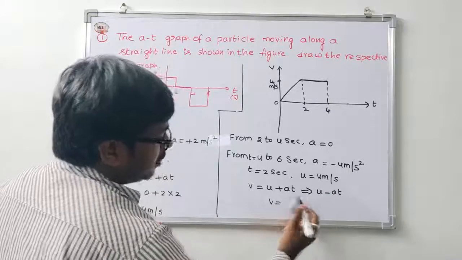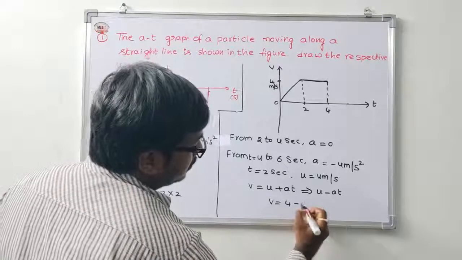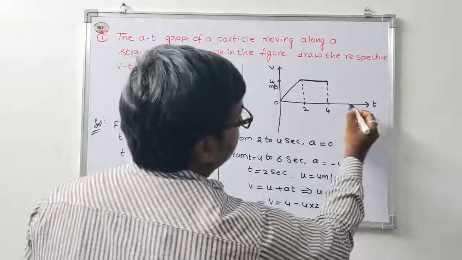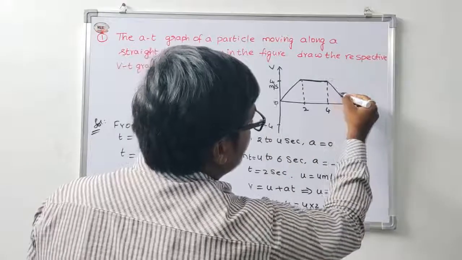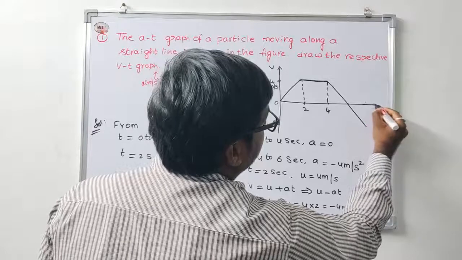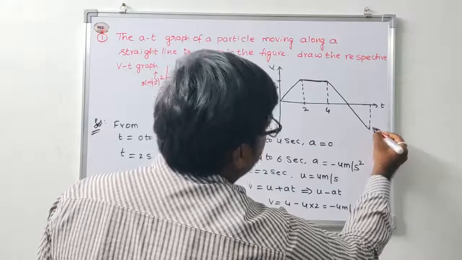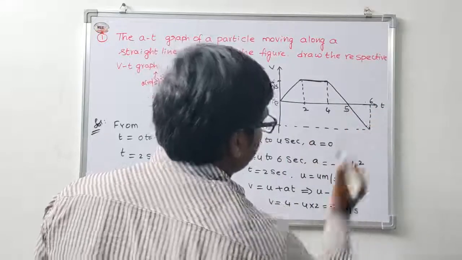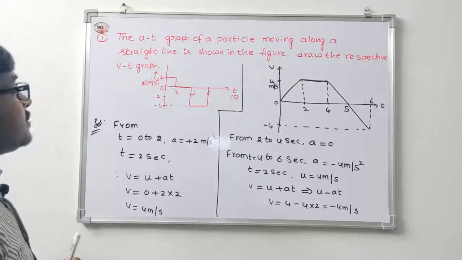Then v is equal to u value 4 minus 4 into 2, that is equal to minus 4 meter per second. This is the graph, student. Draw the respective Vt graph.